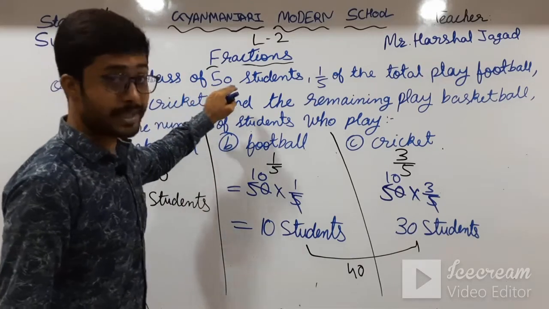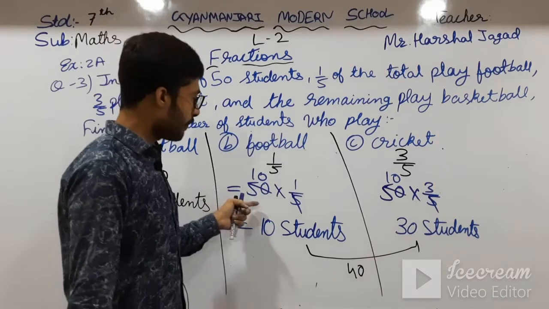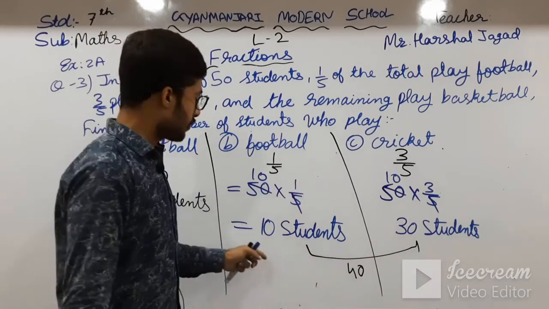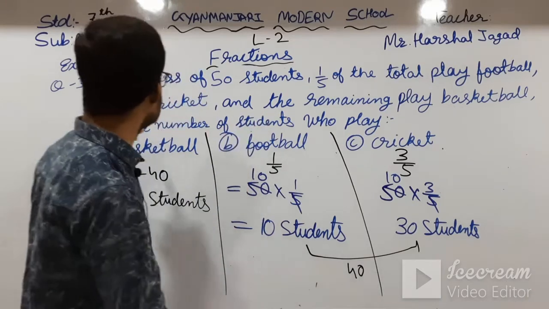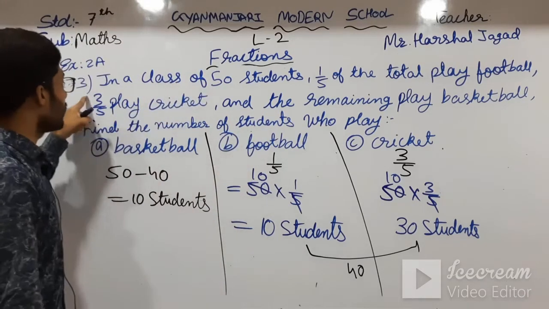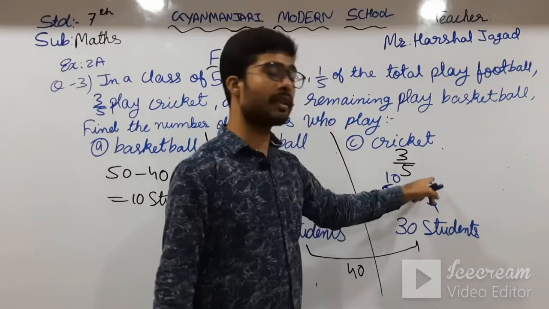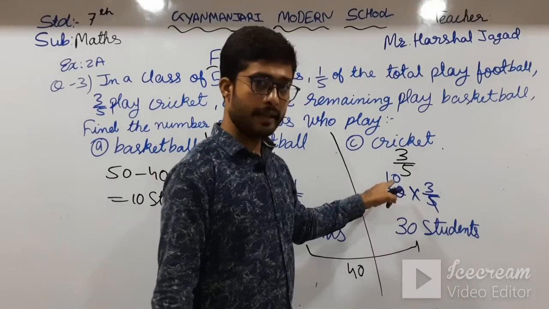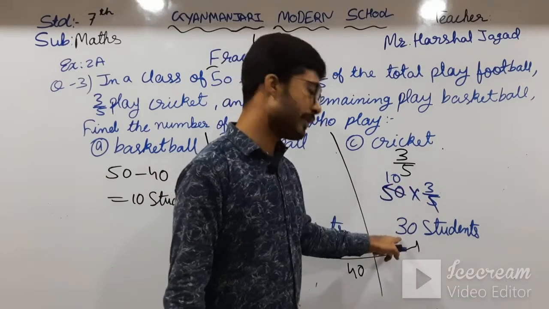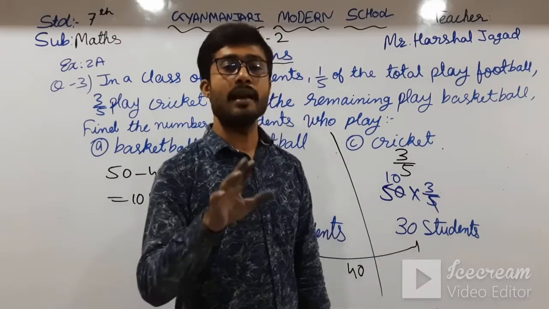Out of 50 students, 1/5 are playing football, so we multiply 50 with 1/5. We get 10 students playing football. Next, out of 50 students, 3/5 are playing cricket, so we multiply 50 with 3/5. We get 5 tens are 50 and 10 threes are 30, so 30 students are playing cricket.